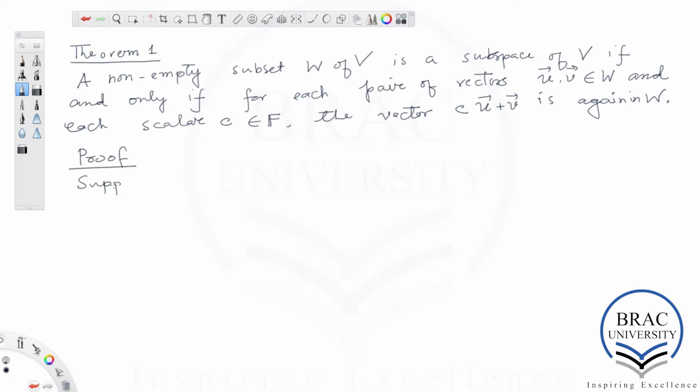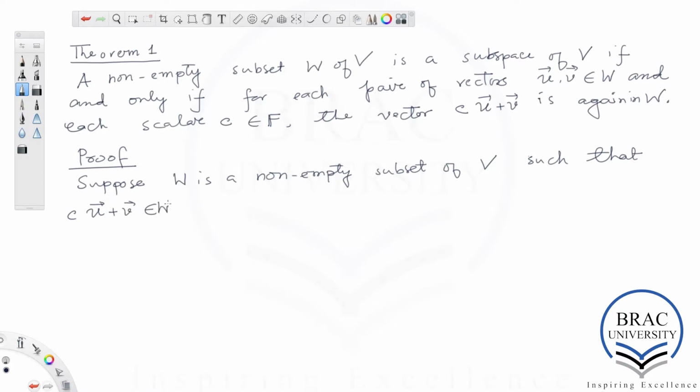Suppose W is a non-empty subset of the vector space V such that C times U plus V is in W for all U, V in W and for all C belonging to the field.